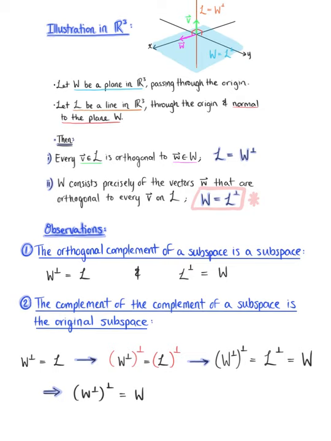And this doesn't just hold true for this case, this is going to hold true for the line as well. Now, what's even more fun is these properties that we're observing here hold true in general. So let's go ahead now and summarize the generalized properties for the orthogonal complement of a subspace.